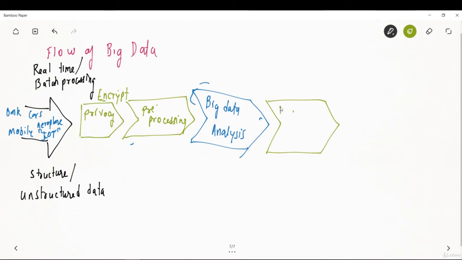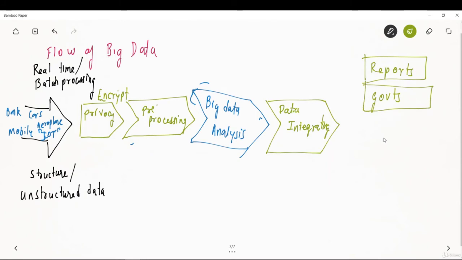And finally, let's say whatever reports were generated, we will be doing integration. So we'll be integrating with other systems to generate the reports for internal business use, or it can be given to the government or government agencies. The data can be sent to government agencies.